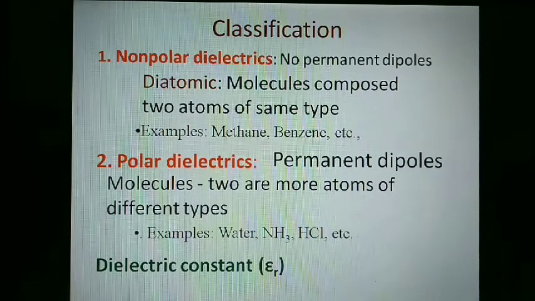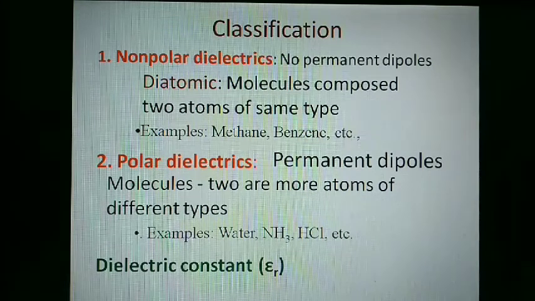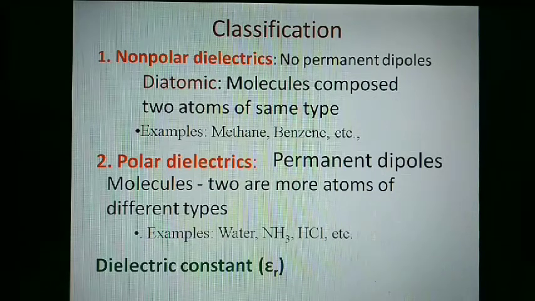How is it useful for capacitors? That is what we need to understand. For that we need the definition of a parameter that is known as the dielectric constant. Dielectric constant can be defined as a factor by which the capacitance of the capacitor can be increased.